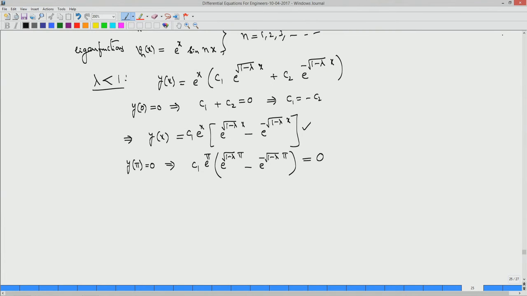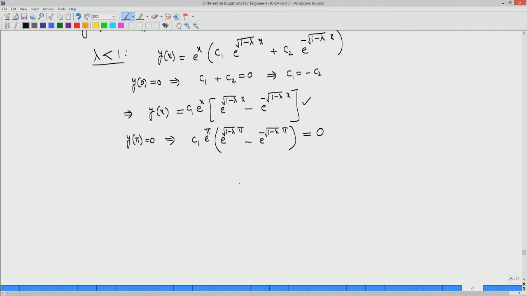So e power c pi minus e power minus c pi will never be 0. So this cannot be 0, and that means c1 has to be 0. That implies y of x is identically 0, so lambda less than 1 is not an eigenvalue, because you do not have a non-zero solution for the system.